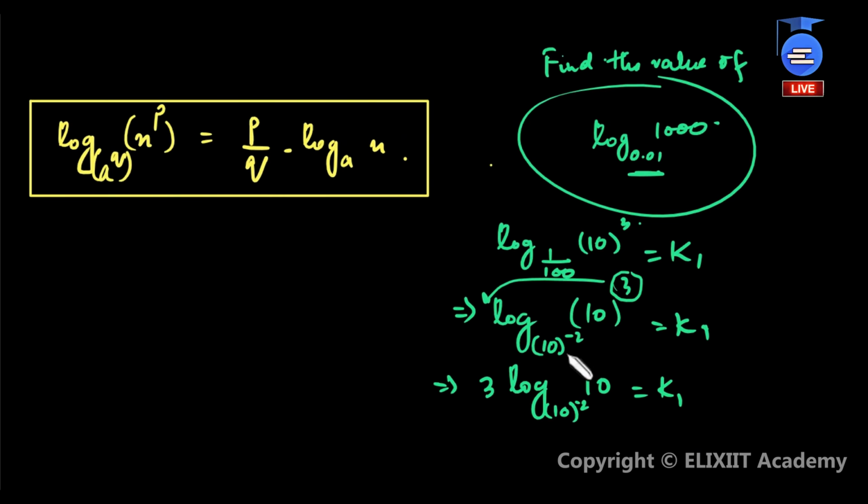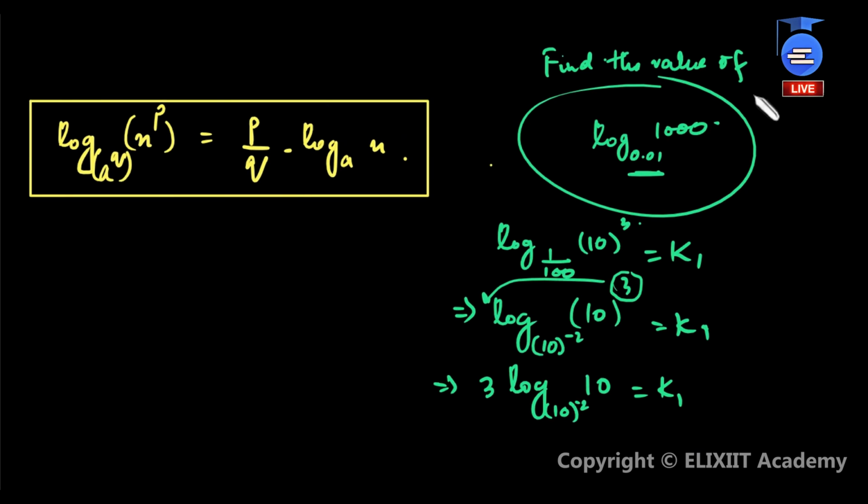Remember that whatever is the power on the whole component will come down. If it is not on the whole, then it will not come down. So this is 3 log 10 base 10 to the power minus 2, and this is equal to k1.